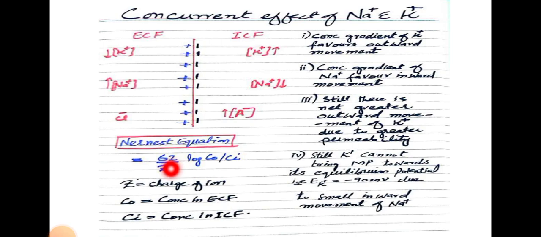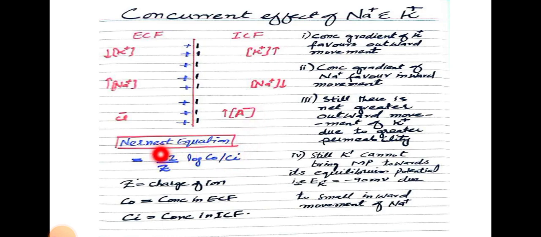This is the Nernst equation, in which 61 is a constant. Z represents the charge of the ion for which you are going to measure the equilibrium potential. Co is the concentration of an ion outside the cell, that is in extracellular fluid, and Ci is the concentration of the ion inside the cell.